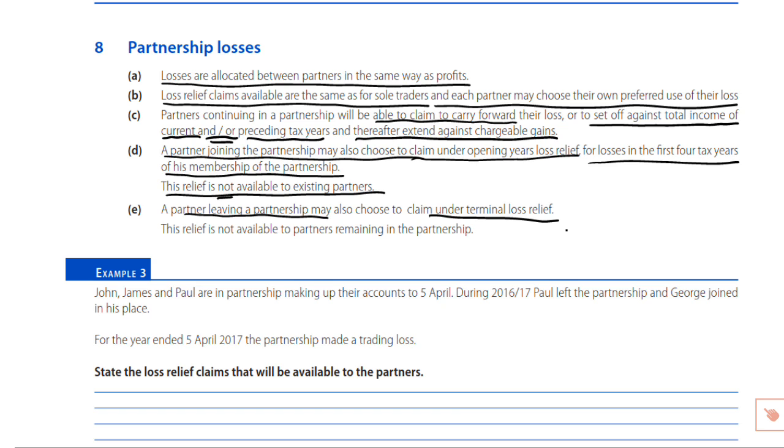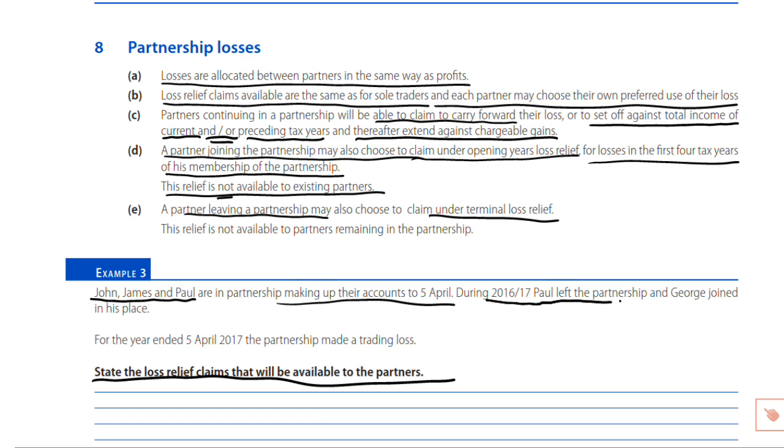Now, you won't have to compute those losses, you merely have to know what reliefs are available. That is what I've just summarised a moment ago, and is basically tested here in example 3 to state the loss relief claims that will be available to the partners. We are told John, James and Paul are in partnership, making up their accounts to 5th of April.